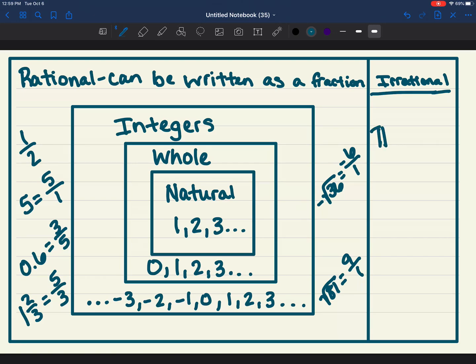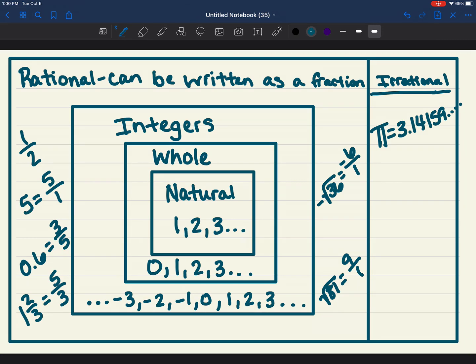Pi. Okay, so pi, we know 3.14159 keeps going because that decimal does not end, okay? So if you have a decimal that does not end, that's going to be irrational, okay?